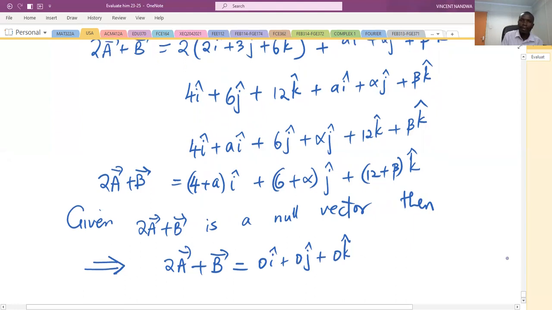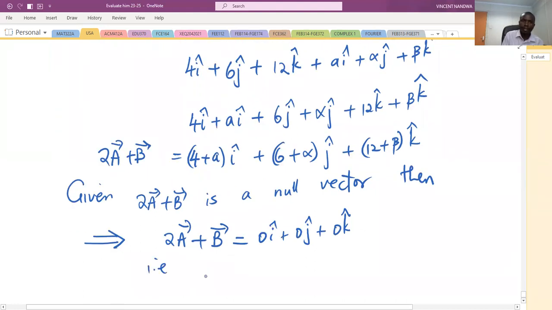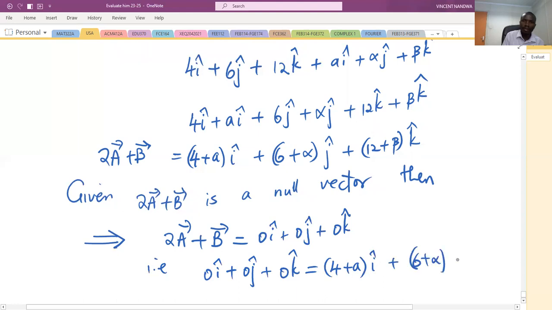That is, 0i plus 0j plus 0k equals (4 plus a)i plus (6 plus alpha)j plus (12 plus beta)k.